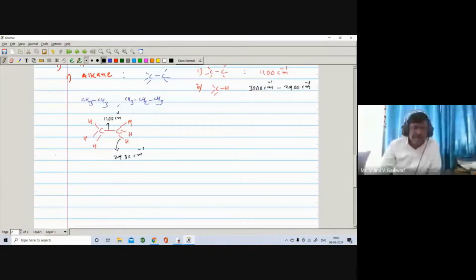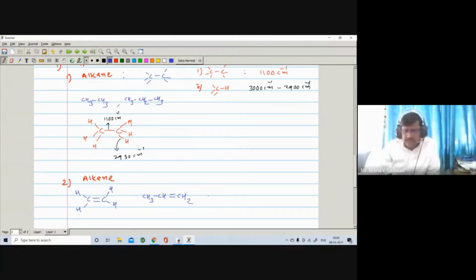Number two is alkene. The simple example of alkene is the carbon-carbon double bond, with H and H on each carbon. Another example, increasing the number of carbon atoms: CH3-CH double bond CH2.